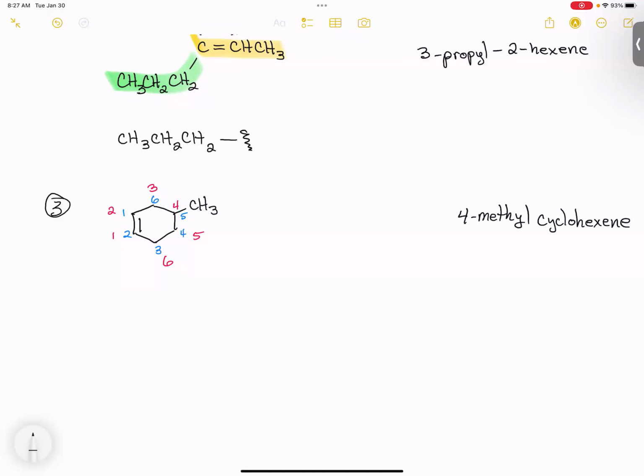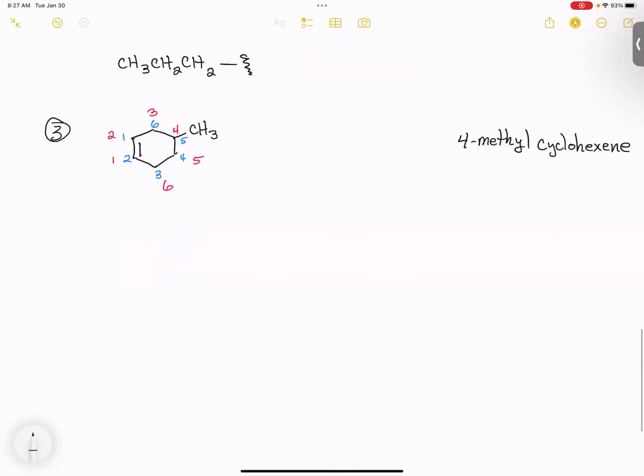So let's look at one of those multiple double bonds. I want to give you a moment and figure out which way to number this thing.